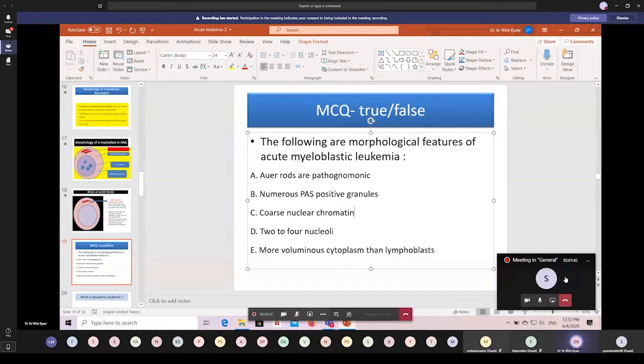So B, true or false? B is false. What should be positive? It's myeloperoxidase. C, true or false? True.